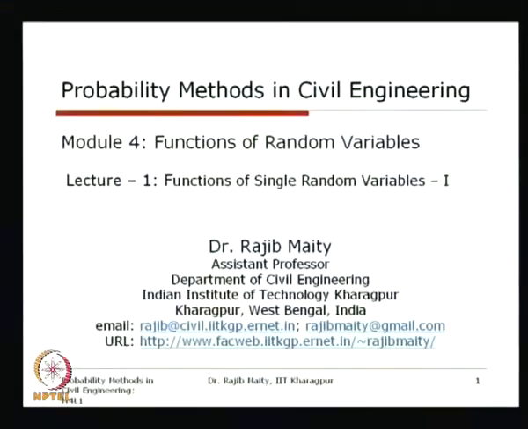Now, when we define another function based on the random variable, that function is also a random variable. So, our focus today is to know the distribution properties or the density of those functions which are developed based on the random variable known to us.